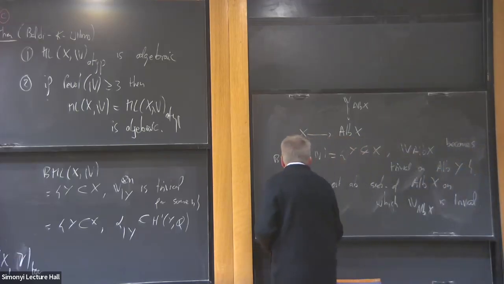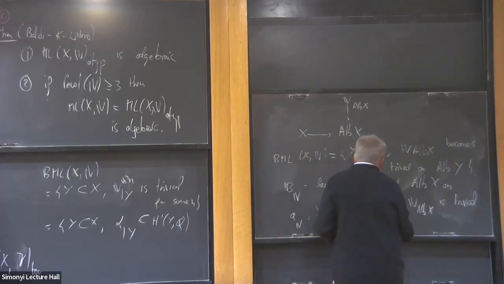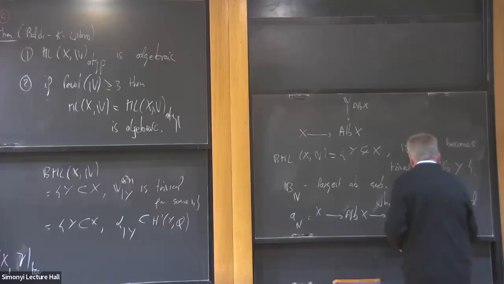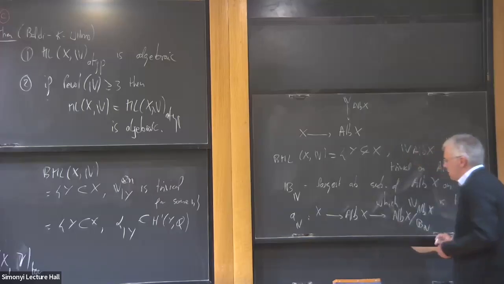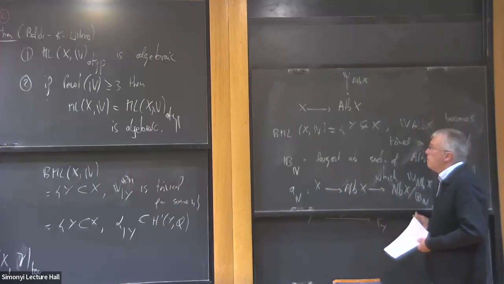And so you get a map from X to Alb X mod this abelian subvariety, and then the big monodromy locus is exactly the union of the fibers.